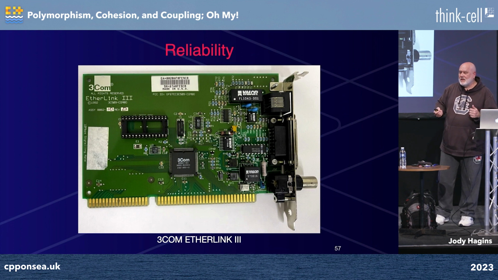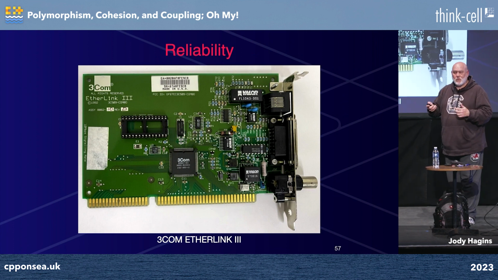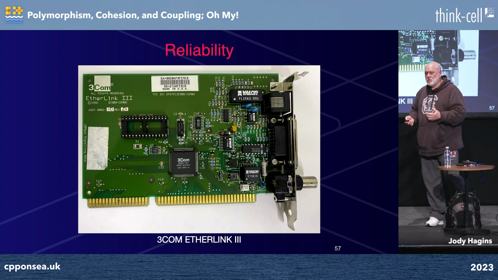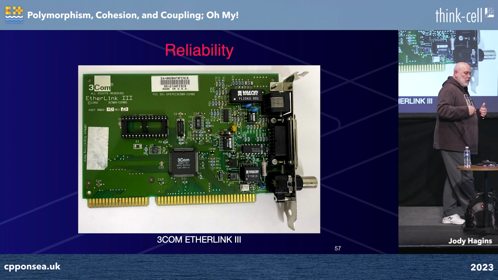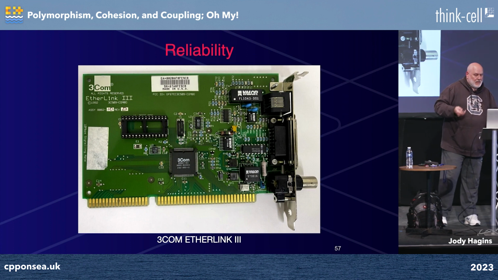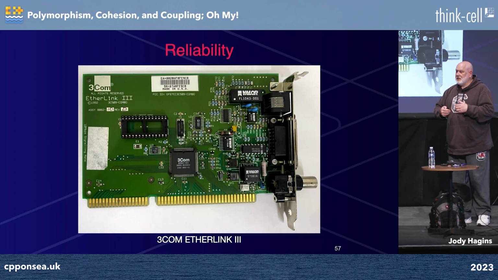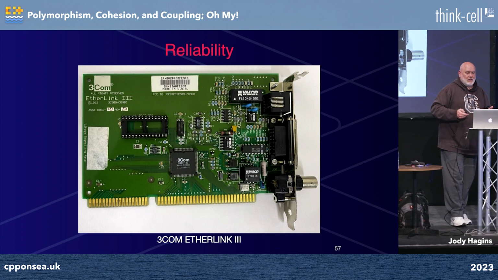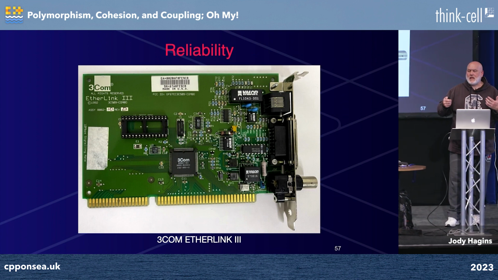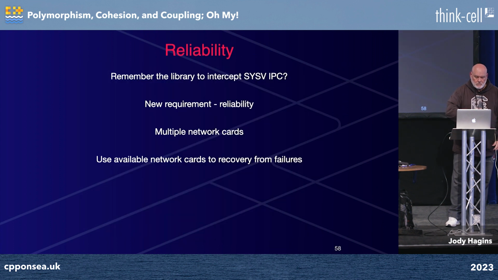Well, these cards died. Somebody tripped on a wire or something went wrong, and we needed reliability. And so what we needed to be able to do is add retries. We needed to be able to add reliability. We needed to be able to say, I have 4 connections, and if I lose any of them, I still want to be communicating. And I don't want my connections to go down.